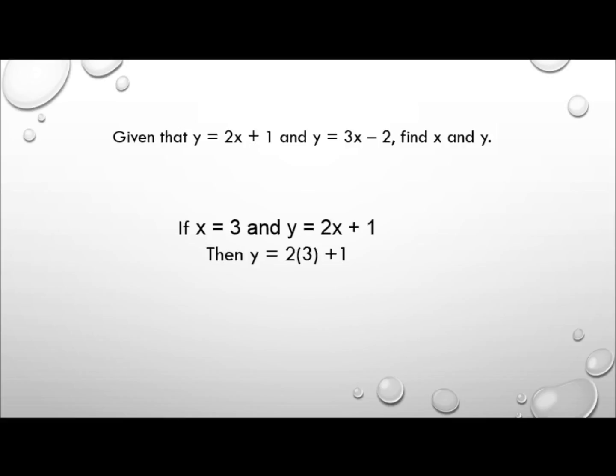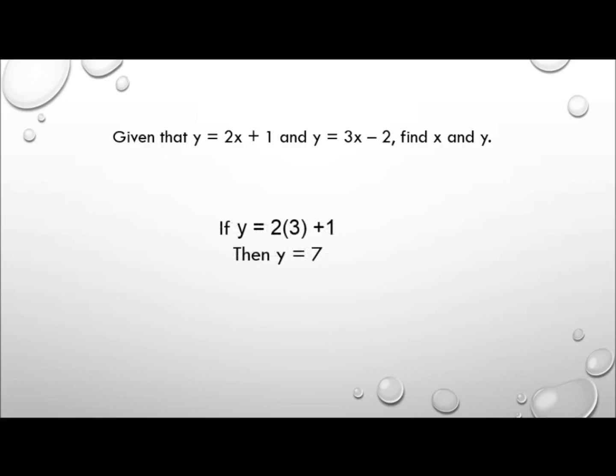So now we know that x equals 3, we can substitute this value 3 wherever we see x in either of the two equations we've got in the question. And let's pick y equals 2x plus 1. So if x equals 3 and y equals 2x plus 1, then y equals 2 times 3 plus 1.